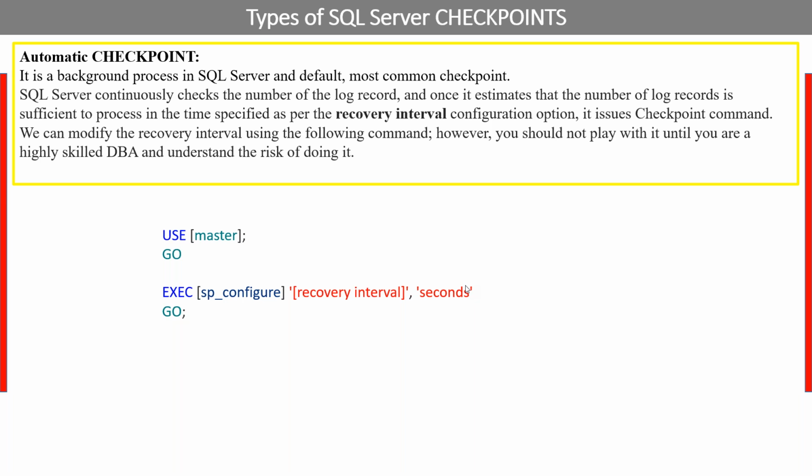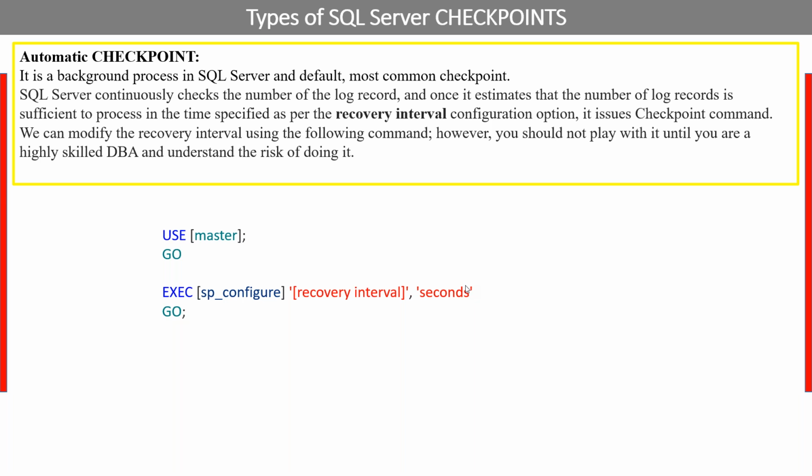But even Microsoft blogs don't specify exactly when it triggers, or how Microsoft calculates it. It depends on how many changes you have performed after the last checkpoint was triggered. Are those changes sufficient to perform a checkpoint?